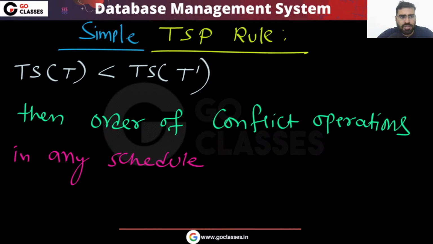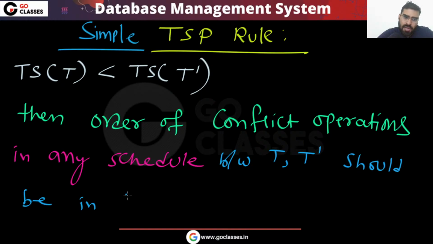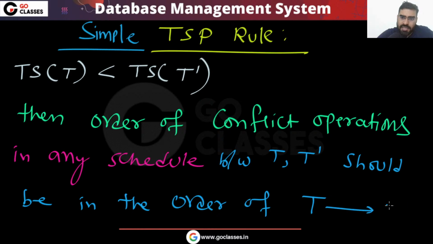These are the two transactions, T and T dash. The order of conflict operations in any schedule between T and T dash must be in the order of T then T dash.